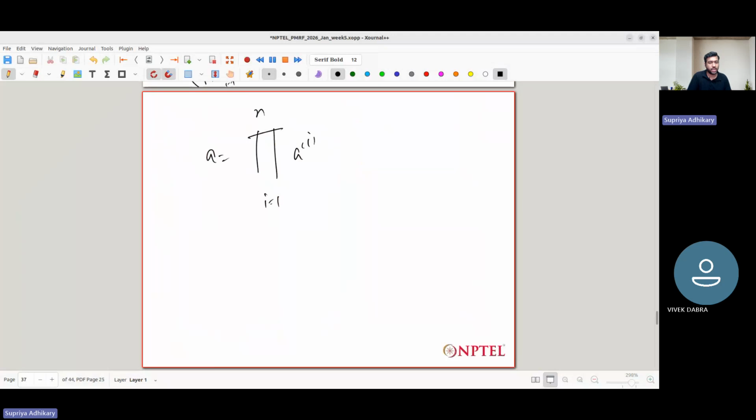They do not know what this A value is, and they do not want to reconstruct it. They just want to find the share of this particular A, so that once those shares are generated, if they reconstruct them, they get back this A.